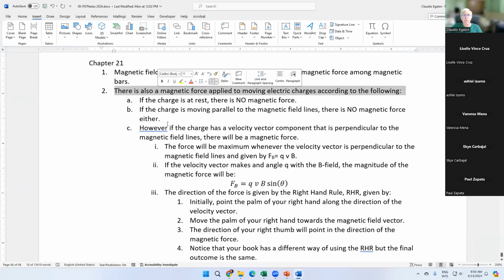And now we're going to get into the real meat of the chapter. That's when we start talking about the magnetic force.